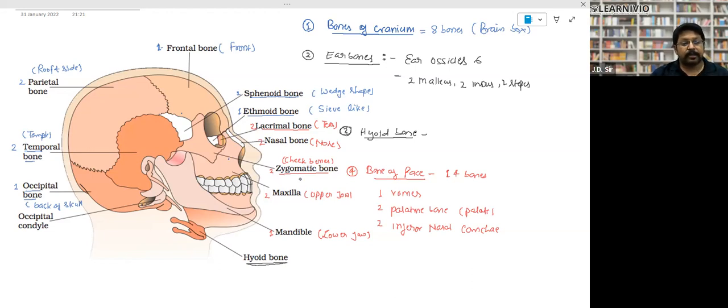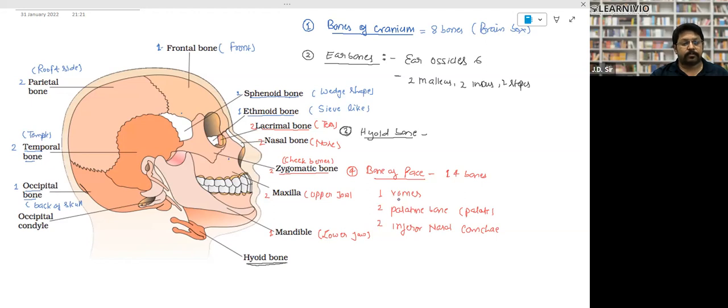Then there is the zygomatic bone. Zygomatic means cheekbones, right? So these bones are zygomatic bones. These bones are called cheekbones. So 2 cheekbones, 2 maxilla meaning upper jaw, 2 bones in the upper jaw, and 1 mandible, the lower jaw, right? There are certain more bones of the face which cannot be seen. They are found inside.